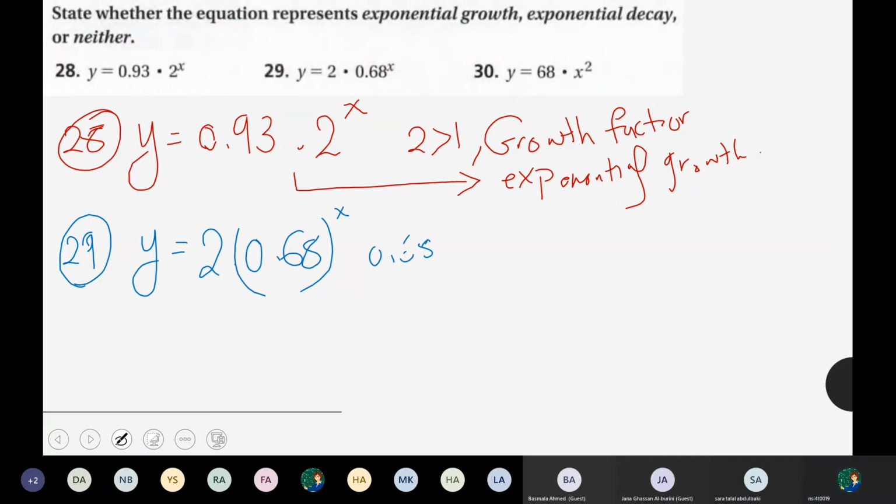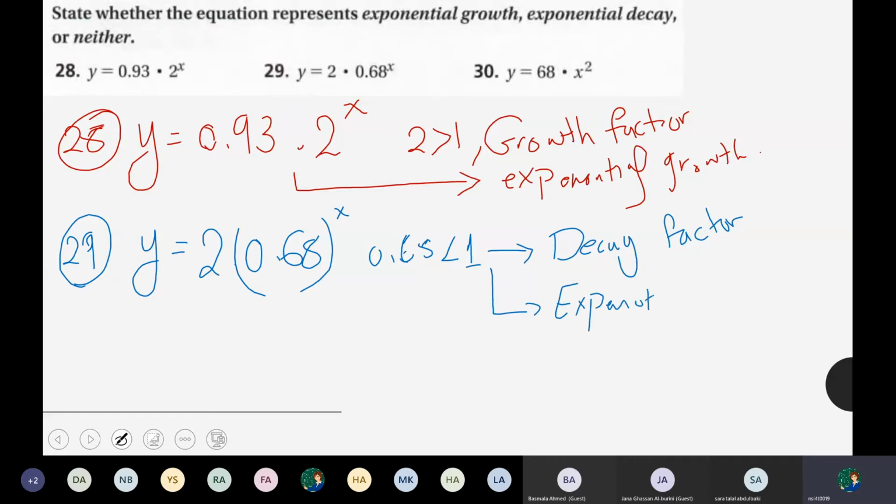Less than 1. So I will name it a decay factor. This is an exponential decay because 0.68 is less than 1.